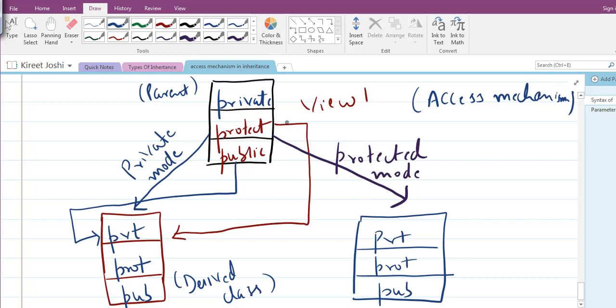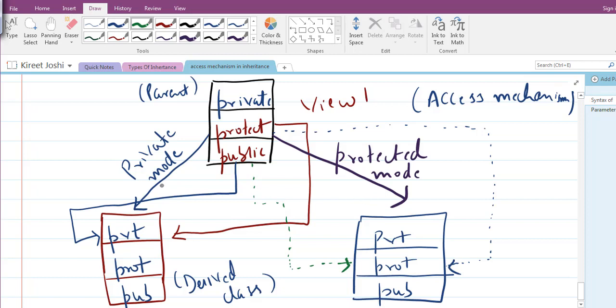The protected members of the base class will become the protected members of the derived class, and also the public members of the base class will become the protected members of the derived class. So the visibility has changed.